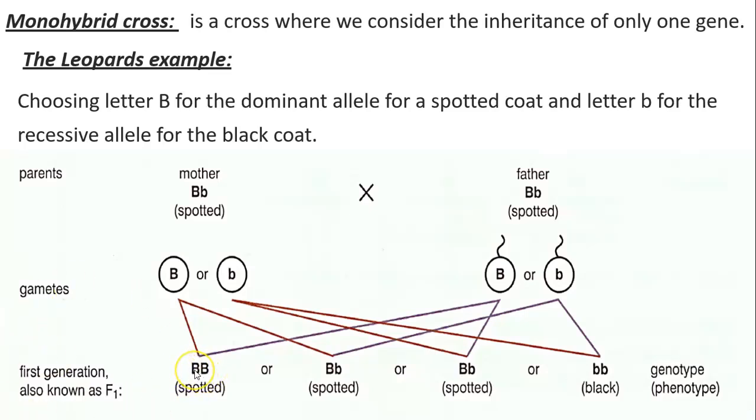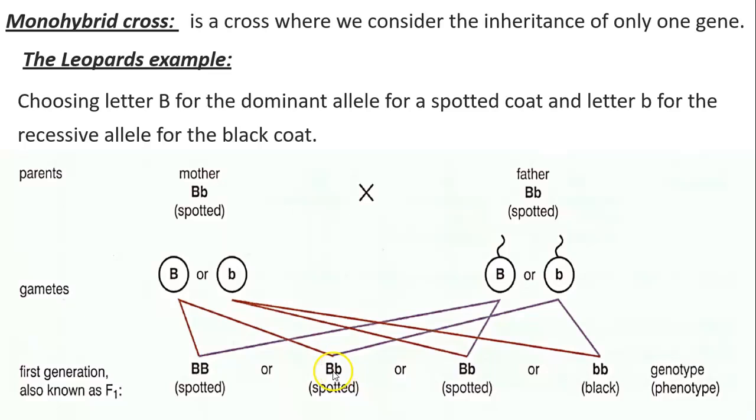So the first individual in the generation will be B capital, B capital. This means that it is homozygous because they are both the same, and dominant because they are both written in capital letters. So this genotype is said to be homozygous dominant. And what will be the phenotype, or the physical appearance? Of course, it's going to be spotted. Now, what is the second possibility? If this egg cell joined with the second option of sperm cells for this gene, it's going to be B capital and b lowercase.